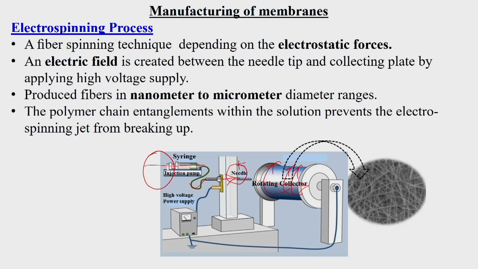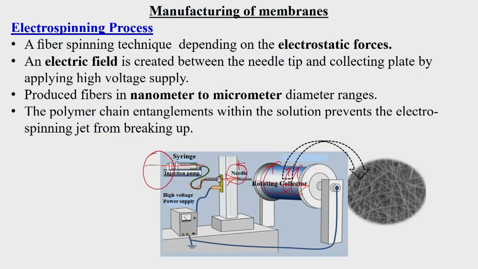The produced fiber will be in the nanometer to micrometer range. It depends on many parameters, and the polymer chain entanglement within the solution prevents the electrospinning jet from breaking up.